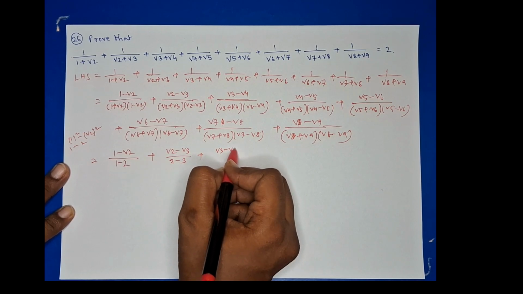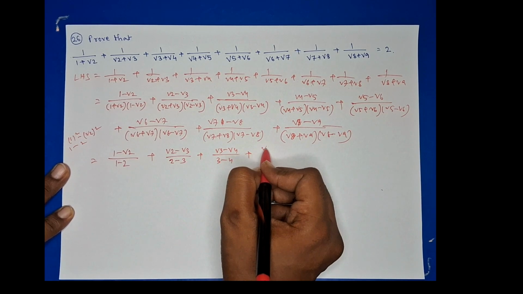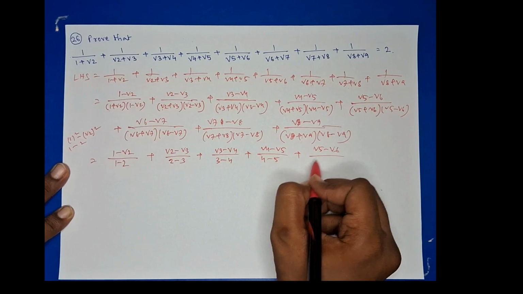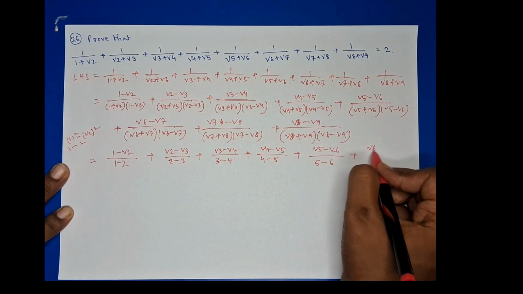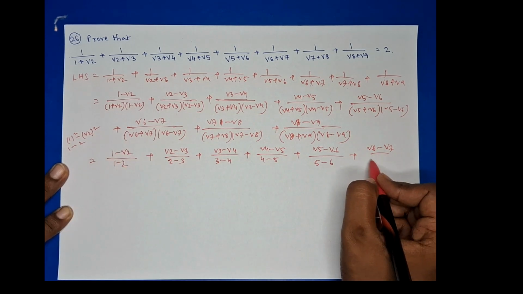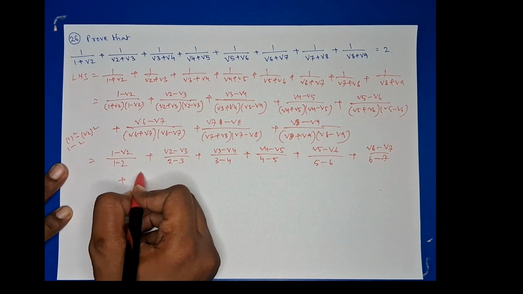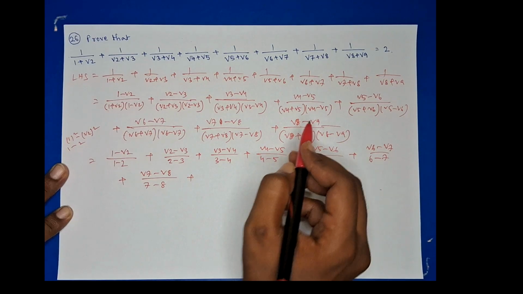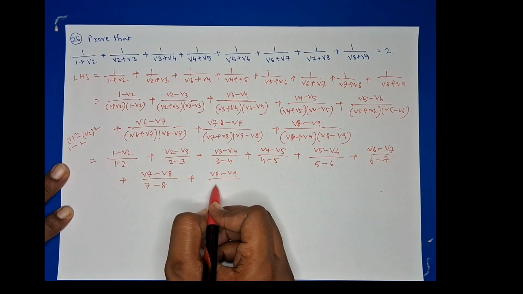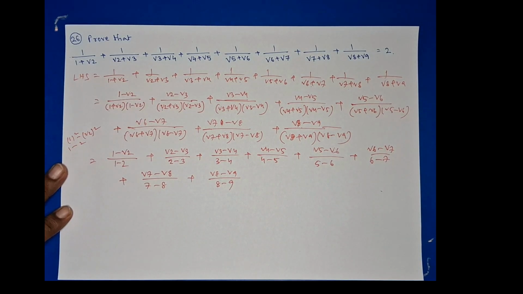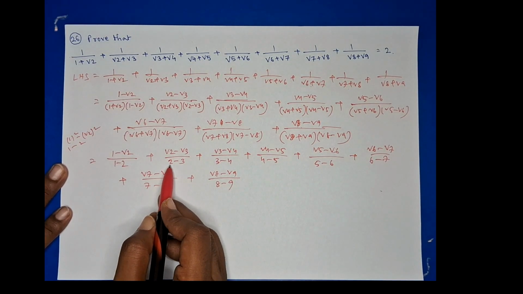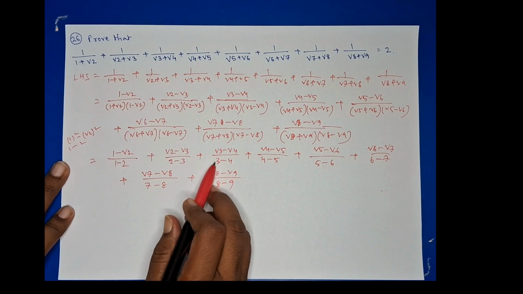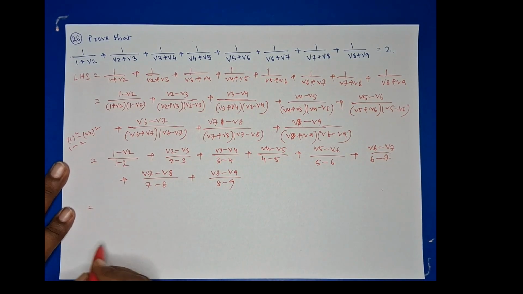Similarly, root 3 minus root 4 by 3 minus 4 plus root 4 minus root 5 by 4 minus 5, root 5 minus root 6 by 5 minus 6, and then root 6 minus root 7 by 6 minus 7 plus root 7 minus root 8 by 7 minus 8 plus this one, root 8 minus root 9 by 8 minus 9. Okay, what I have done, this one root 2 square minus root 3 square, that means 2 minus 3, this is root 3 square minus root 4 square is equal to 3 minus 4. Similarly, it goes on.